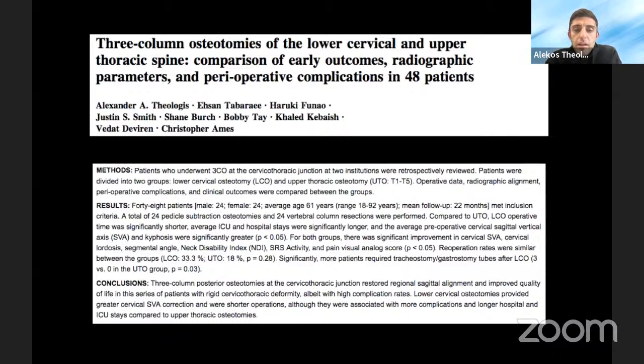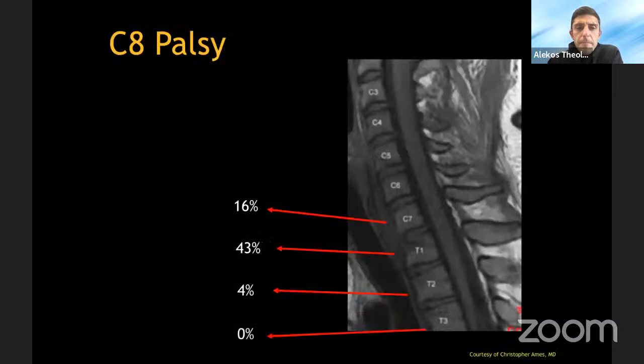We found that the C7 PSOs performed better in terms of sagittal realignment. However, they had a very high complication rate, and the upper thoracic osteotomies had a lower complication rate, but while slightly less sagittal realignment ability, it was not something that compromised the radiographic and clinical outcomes.